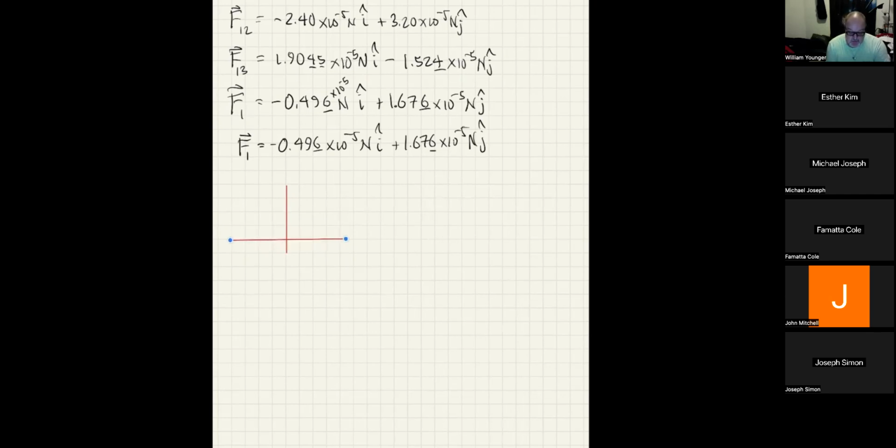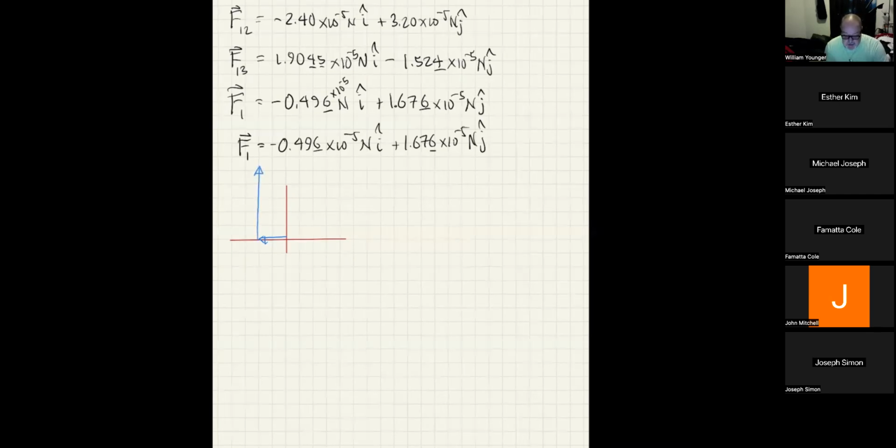Okay, so I'm going to say the x component is going to be right about here. And the y component, notice it's more than 3 times as long, and it's actually positive. So I'm going to go all the way to here, like that.